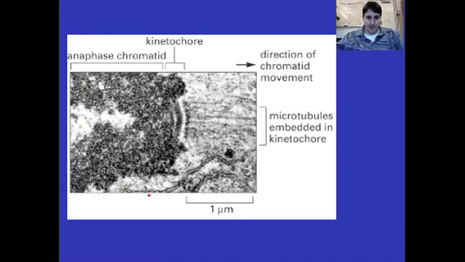I like this EM picture because it really does show you the chromosome is the dark material, and you can see the plate, that's the kinetochore, and you can see the microtubules attached. In this case, the kinetochore microtubules are pulling the chromosome away from its sister chromatid.